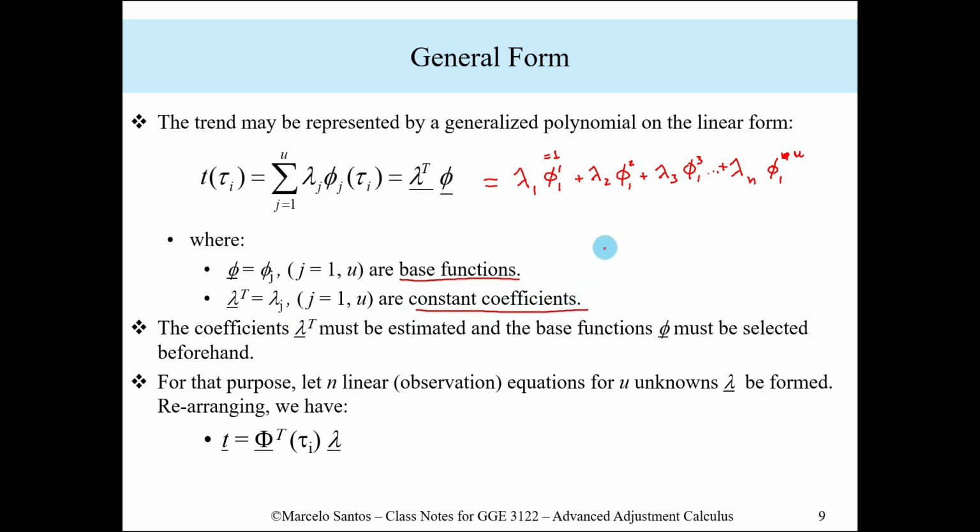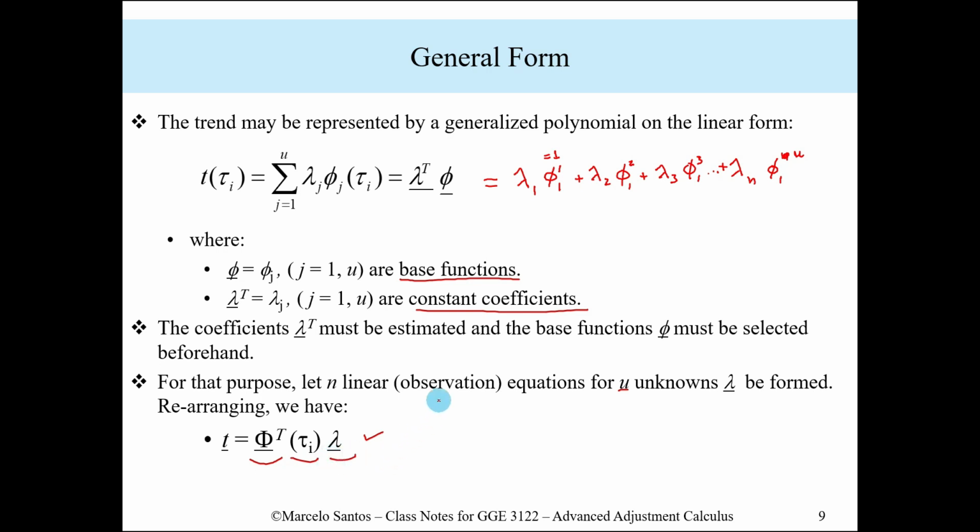The coefficients have to be estimated. The base functions will be selected based on the type of approach or the assumption we make about the shape of the trend. If we consider n linear observation equations for u unknowns, we can rearrange the expression for the trend in matrix form, in which we have this matrix phi transpose, following the argument, multiplying lambda.